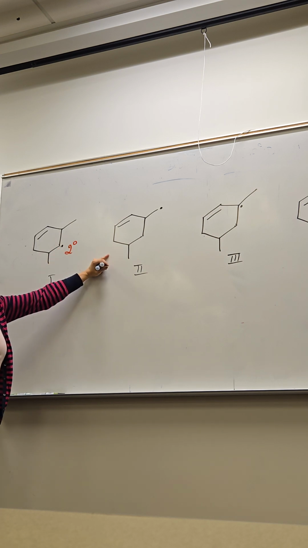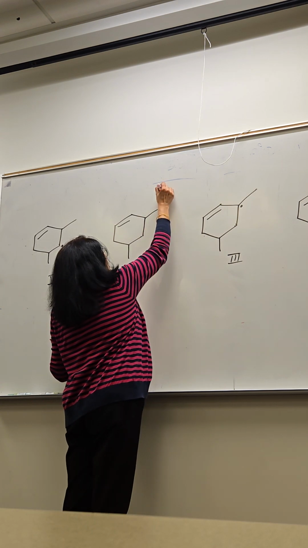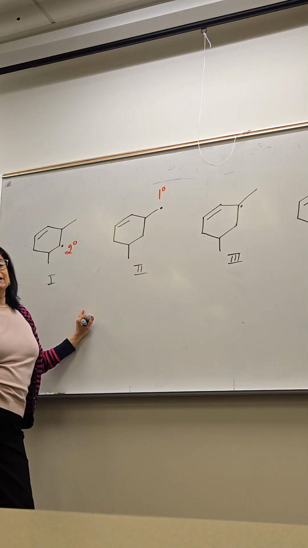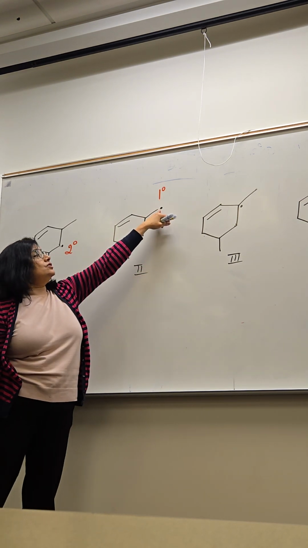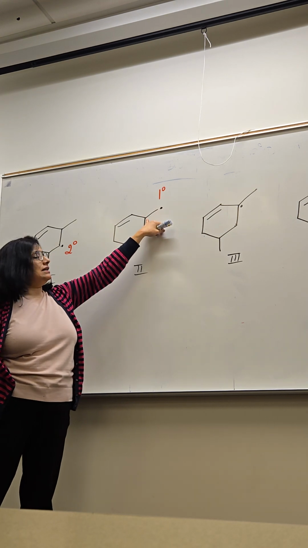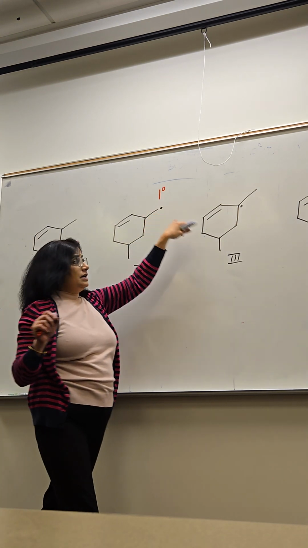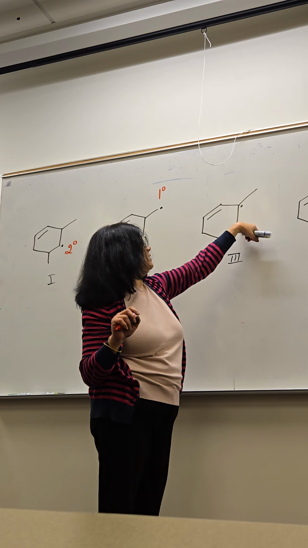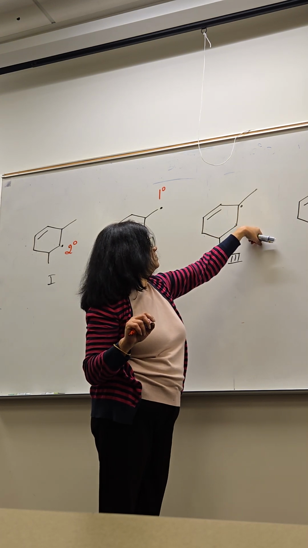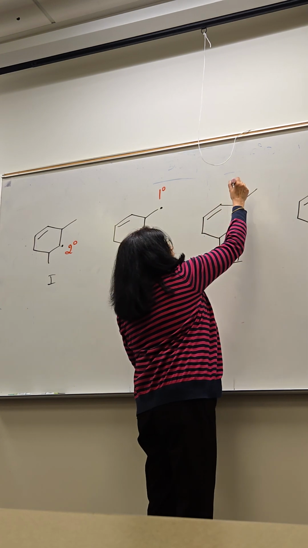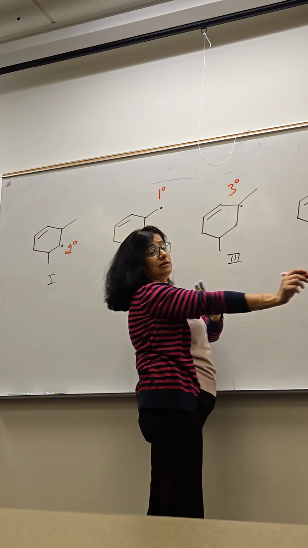Is it primary, secondary, tertiary? Primary. Is it allylic, benzylic? Neither. That's not an allylic position, because that's the allylic position. Are you all seeing that? Is this primary, secondary, tertiary? That is tertiary. And is it allylic, benzylic, or neither?